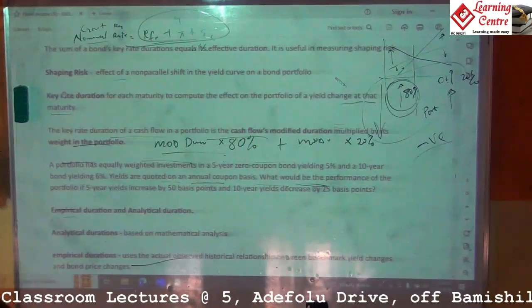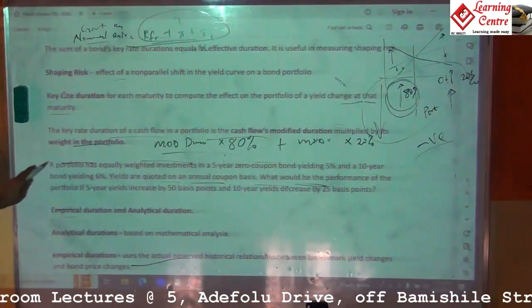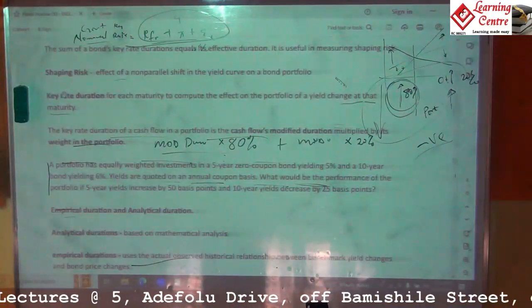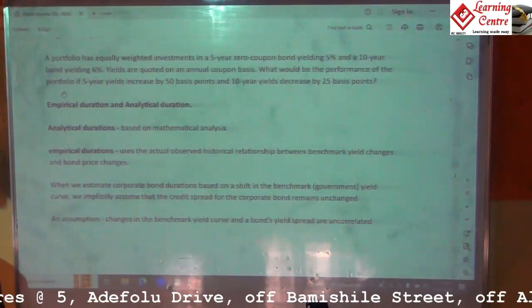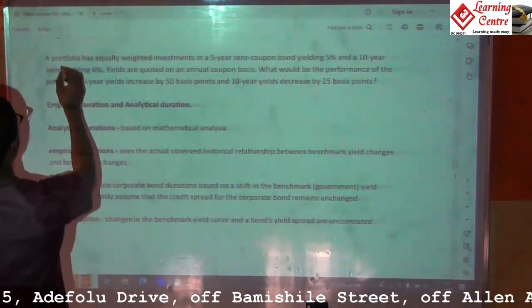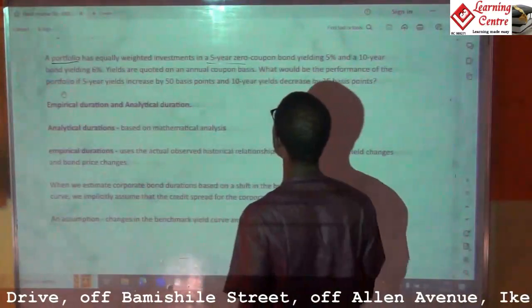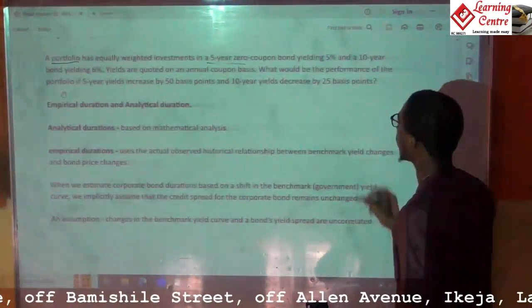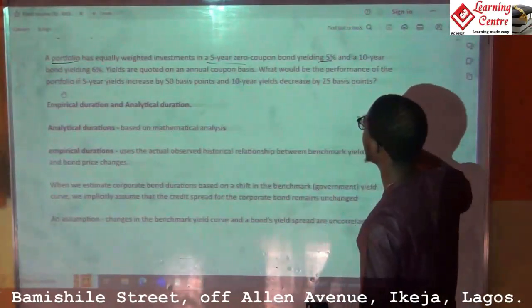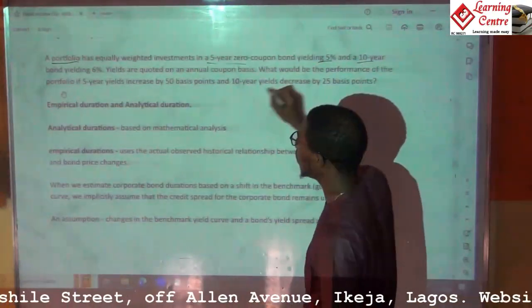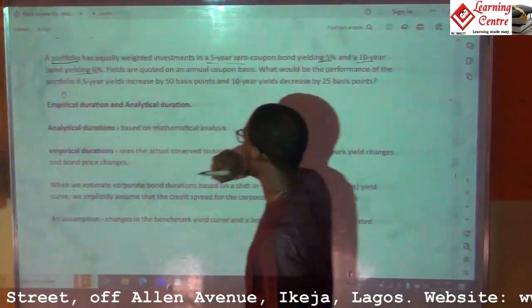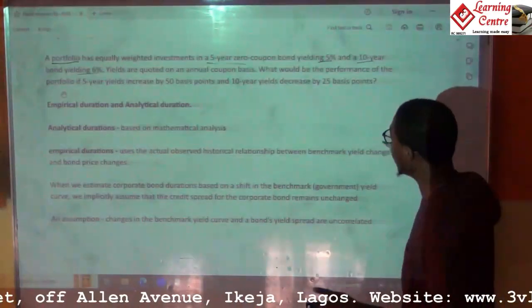Let's solve this question. The portfolio is equally invested in a 5-year zero bond yielding 5% and a 10-year zero bond yielding 6%.